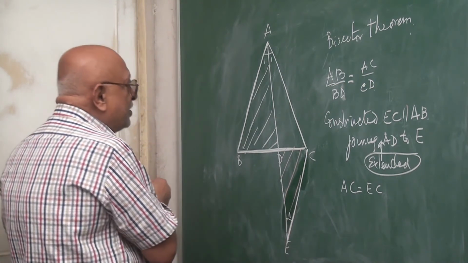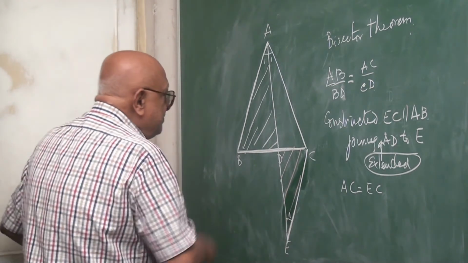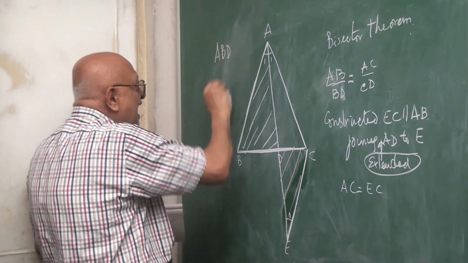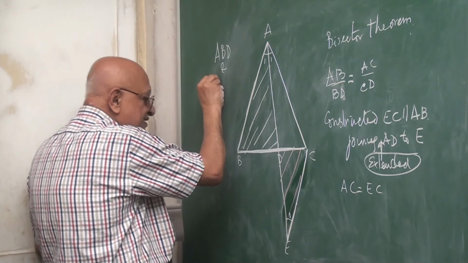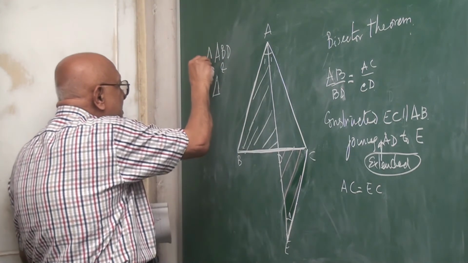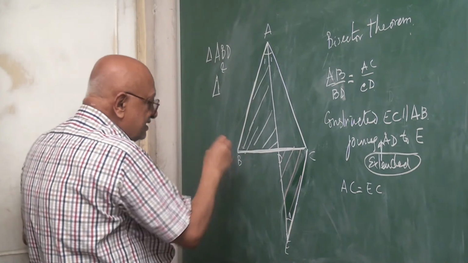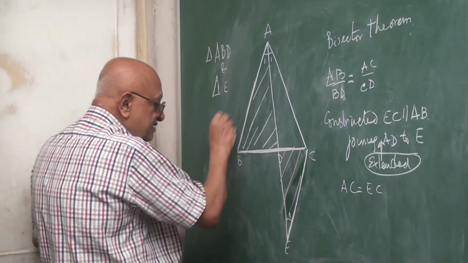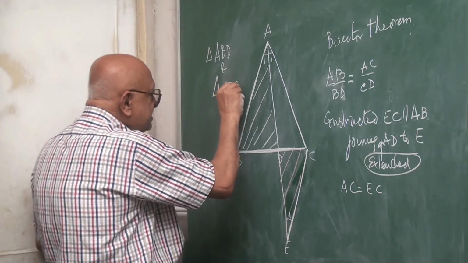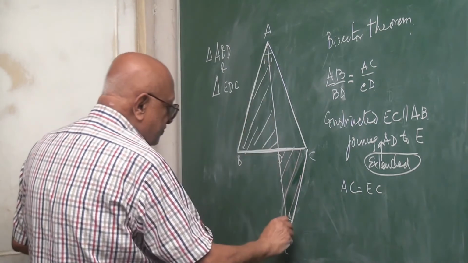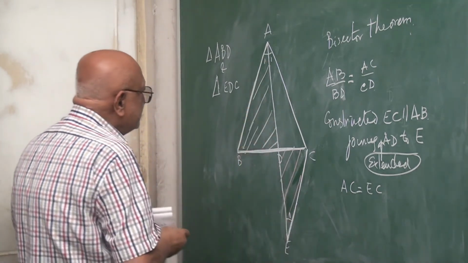I am talking about triangle ABD and triangle EDC. Why have I done it? Because I am now trying to correspond this thing.